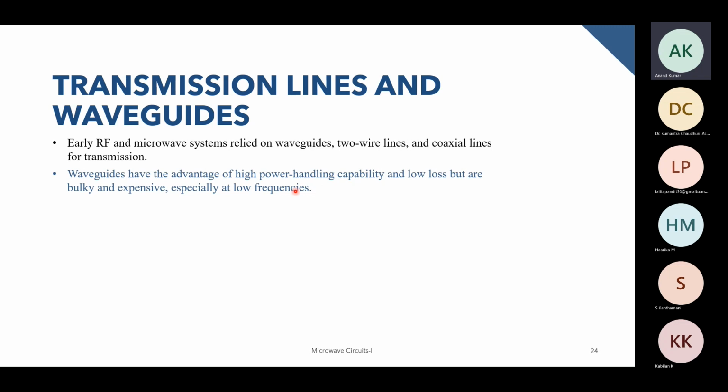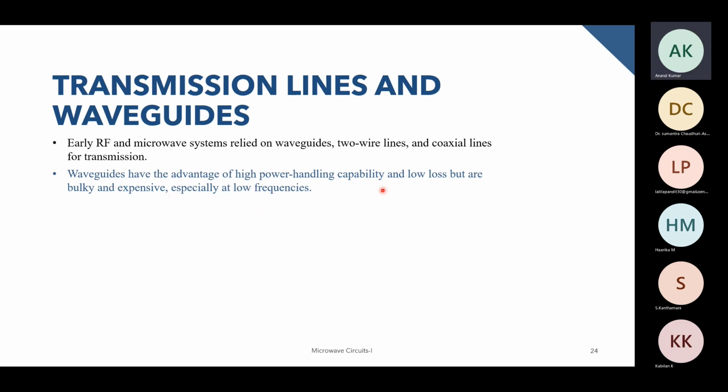We also require low loss, and because it is all metal and waveguides are usually air filled, they have very low loss. But again, they are very bulky and very expensive. Since they are made of metal, they are very heavy. And making these waveguides is very expensive, especially for low frequencies, where they become even bigger.